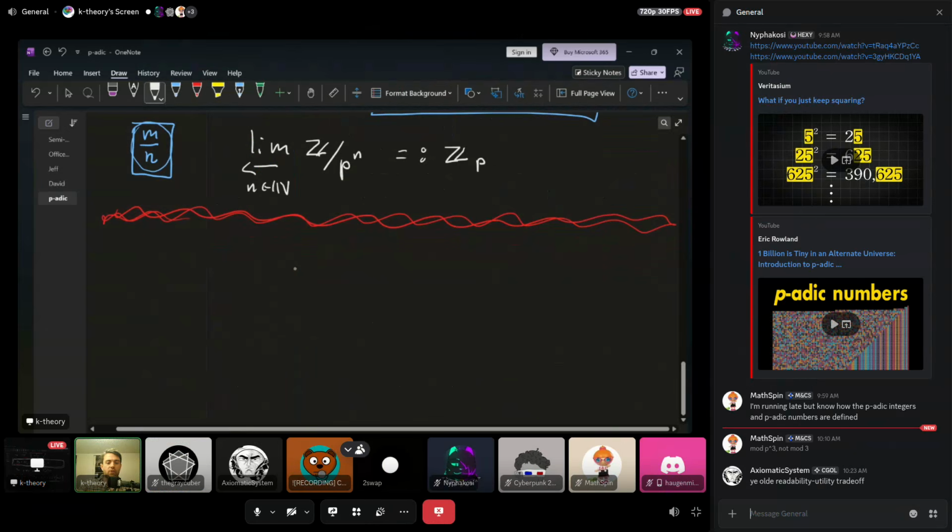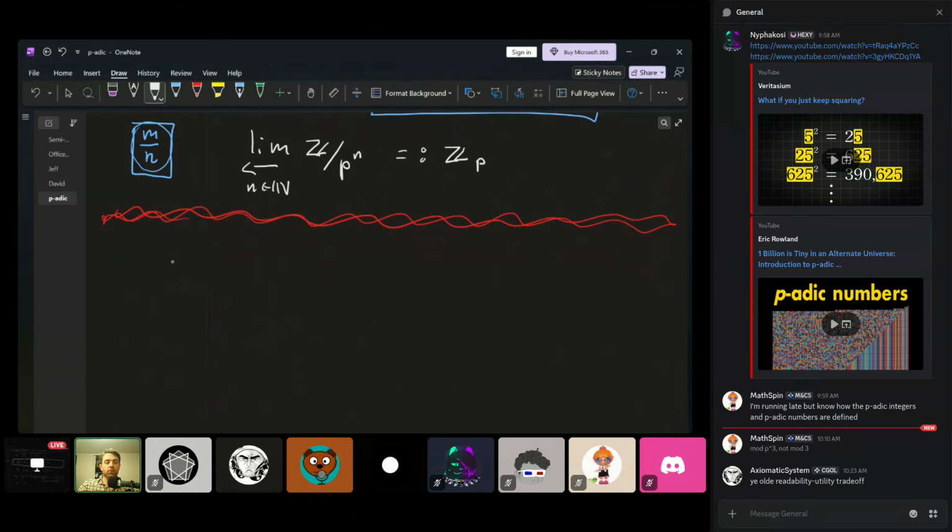One of the ways that we construct the real numbers, of course there's Dedekind cuts, but the way that I prefer, and you'll see why in a second, is to first consider the rational numbers as a metric space with respect to the metric given by the absolute value. The distance between two rational numbers is just the absolute value of their difference.